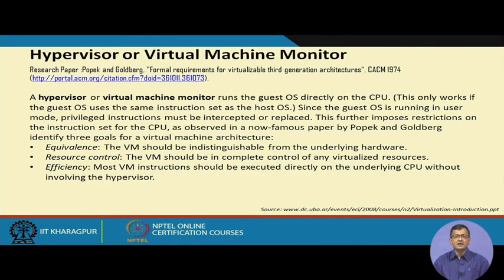Now, another important aspect which comes into play is the virtual machine monitor or hypervisor. So, a hypervisor or a virtual machine monitor runs the guest OS directly on the CPU, right.